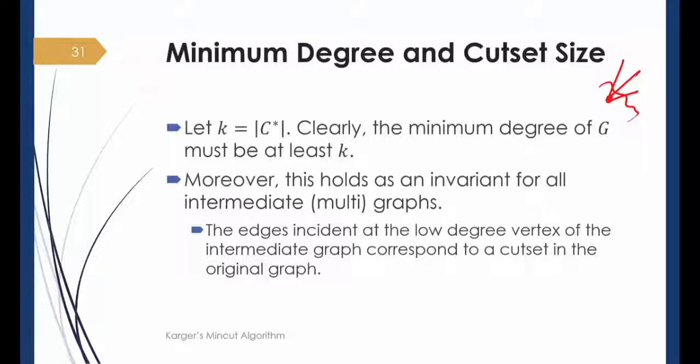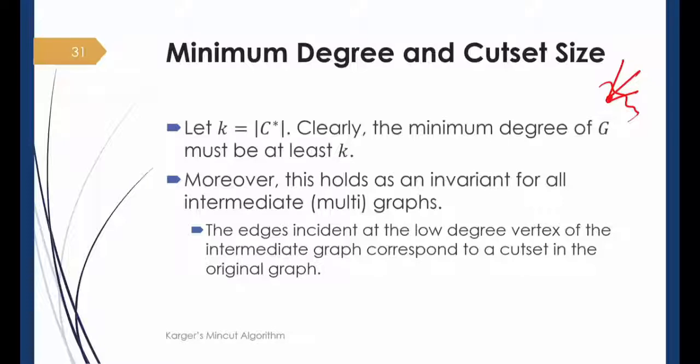And this continues to hold as an invariant for all intermediate multigraphs that are produced, because at any point in time, if the degree goes below k, then we have a cut set corresponding to the original graph that can be obtained in this manner.